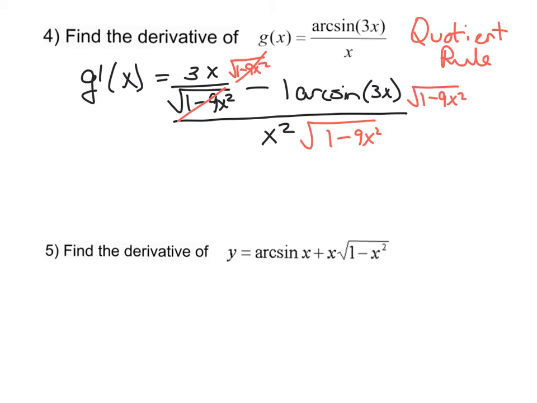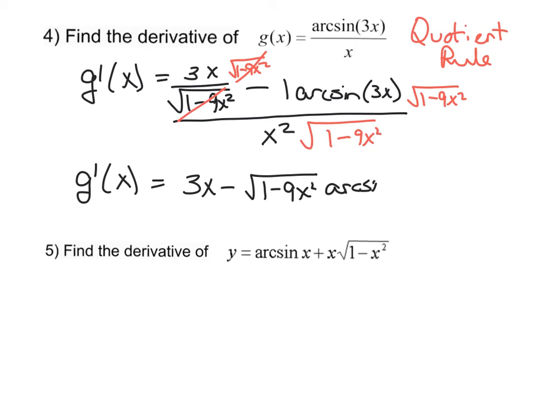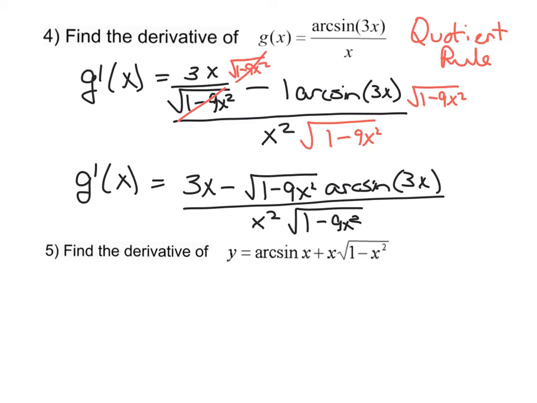So that now gives me that my derivative is equal to 3x minus, I might write this as the square root of 1 minus 9x squared times the arcsine of 3x, all over x squared times the square root of 1 minus 9x squared. And that's my answer in simplified form for the derivative of this quotient.